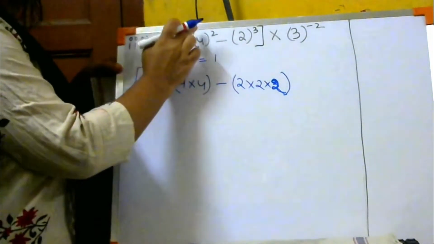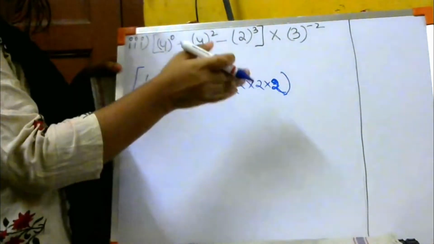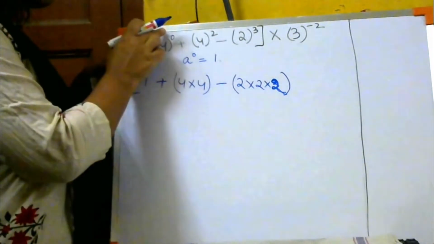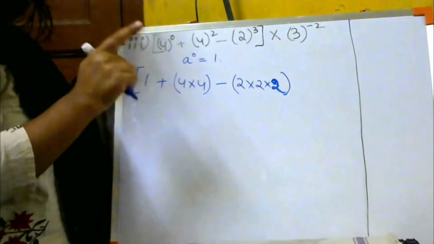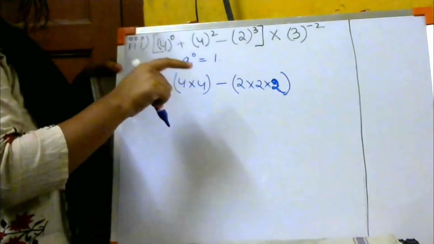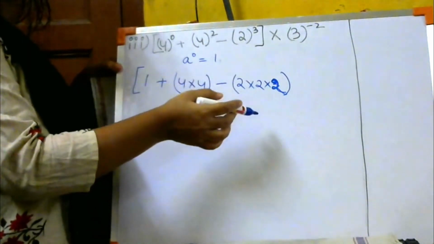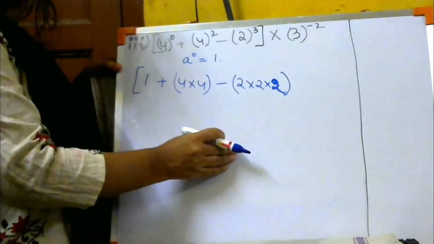Clear? 4 to the power 2, 2 to the power 3 means how many times 4 and 2 are repeating. Only and only if the power over here is 0, then the answer is 1. From power 1 till 100, it signifies how many times it is repeating. This number over here signifies how many times the number is being repeated with a multiplication sign in between, not plus or division.